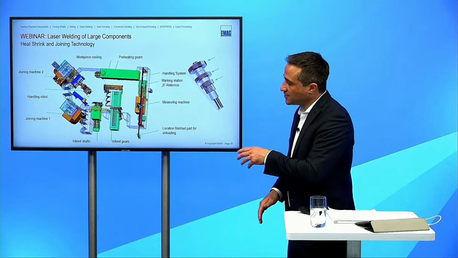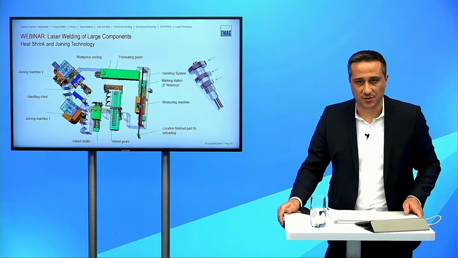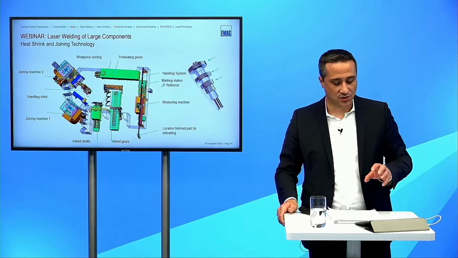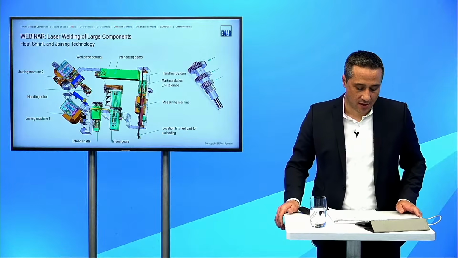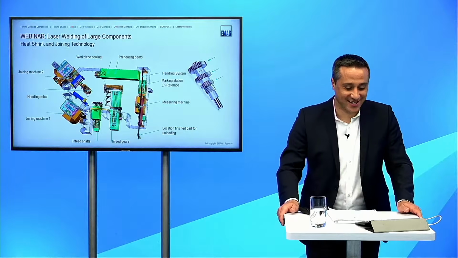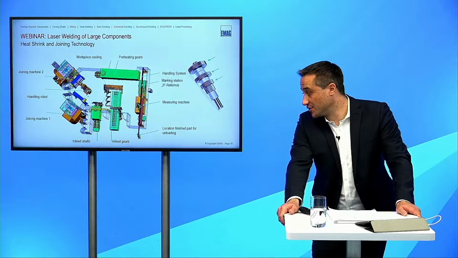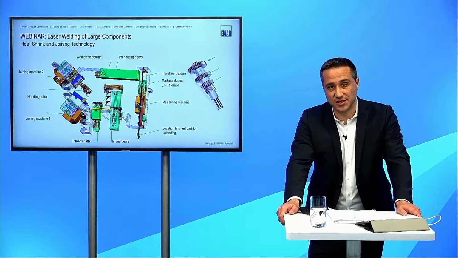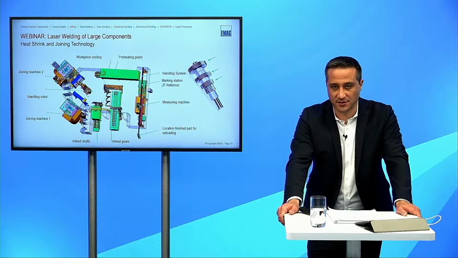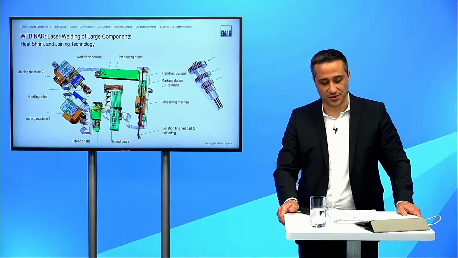So both functions are included in these joining machines. So this is how we make sure that we are always in a repeatable accuracy, and the parts are definitely not laser welded afterwards. So we are able to achieve these very high expected forces just with that technology.